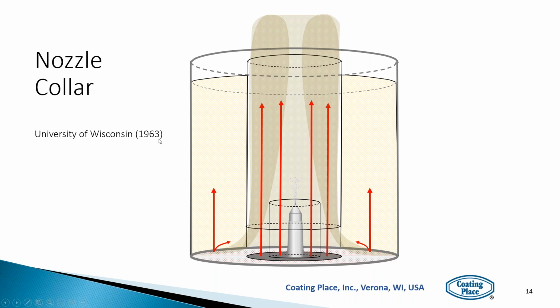They had actually worked with that back in 1963 with a collar around the nozzle. And at the time, fluidization plates were adjusted to address issues associated with this. But as we've gotten into fine-tuning processes here at Coating Place, we've actually found that there are advantages when we're really trying to push the envelope on things to where a collar can be helpful in improving performance.